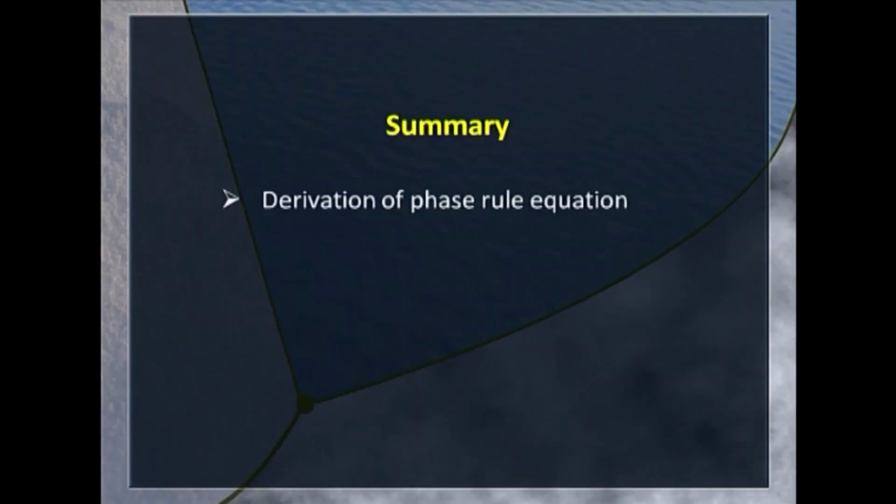Now, let me summarize what we discussed today. We started with the derivation of the phase rule equation by considering the total number of intensive variables for a system consisting of a large number of phases and a large number of components in it, and then subtracting the number of variables that are automatically fixed because of the equilibrium conditions to give us the answer, that is the phase rule, F, the number of degrees of freedom.